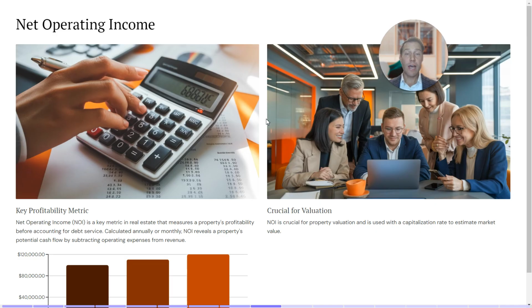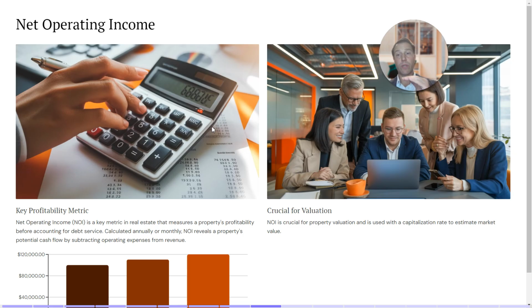This is calculated annually or monthly, depending on how you want to run your cash flow. And it really reveals later on the value of the property. It's crucial in the valuation when you're using the capitalization rate method. Your NOI with your cap rate is going to determine what your building is worth.